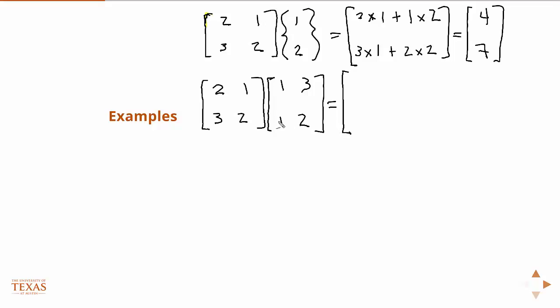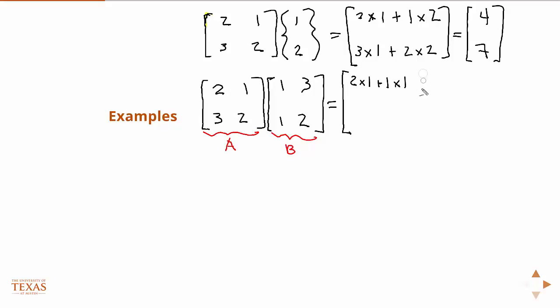If this is A and this is B, it's the first column of B dot product with the first row of A. So 2 times 1 plus 1 times 1.